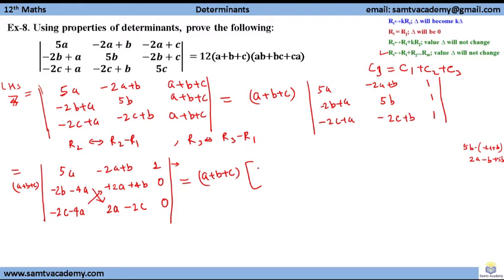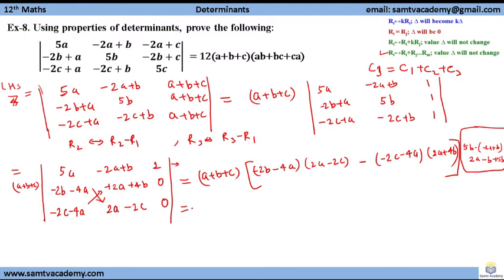We will write first minus 2b minus 4a multiplied by 2a minus 2c, minus of minus 2c minus 4a, and here 2a plus 4b. Now we will solve this.